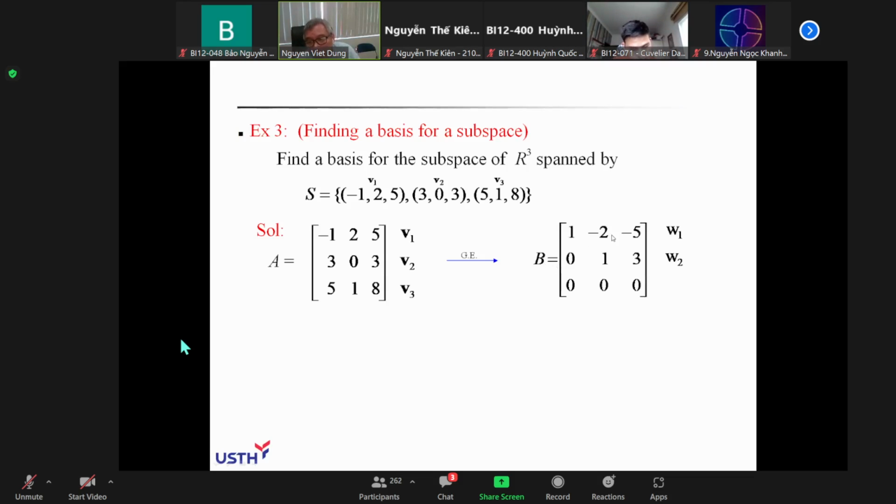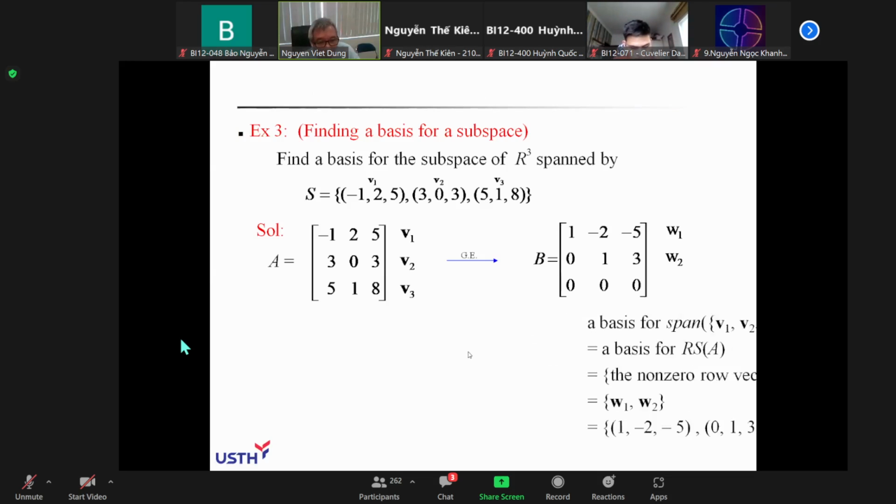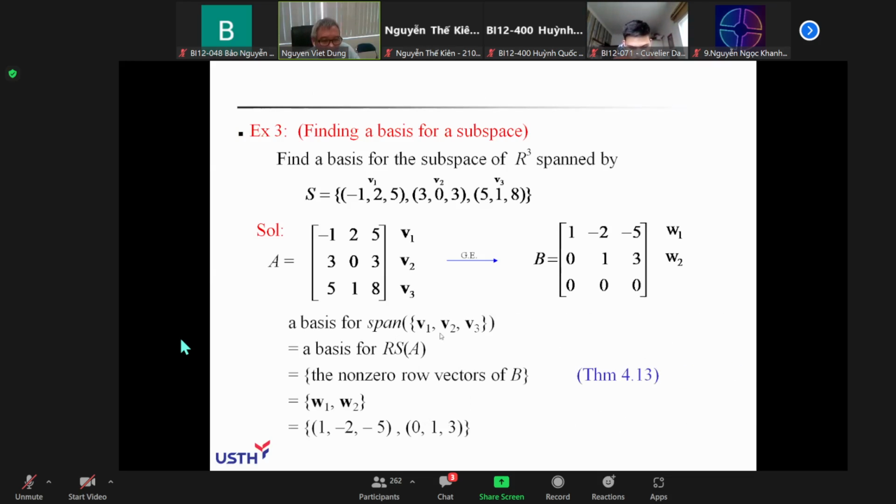And here B has two non-zero rows, W1 and W2, and because of that, a basis of the span of V1, V2, V3 is a basis for the row space of A, and it is V1, V2. And here we get that. The reason is here.